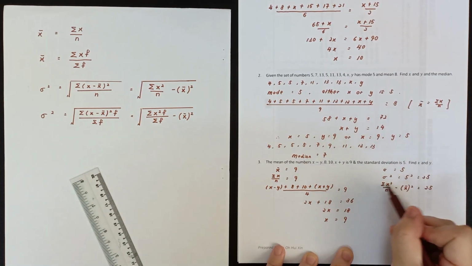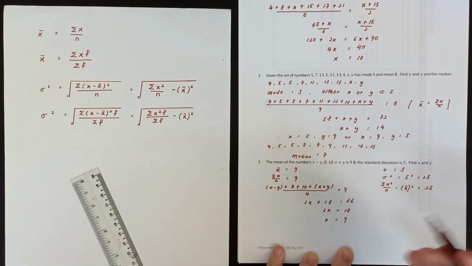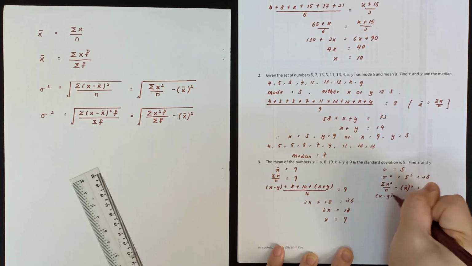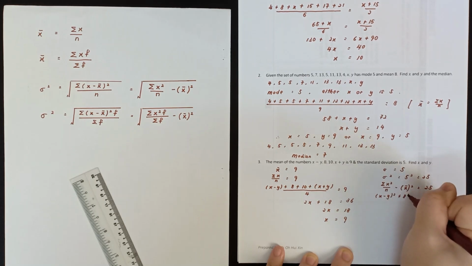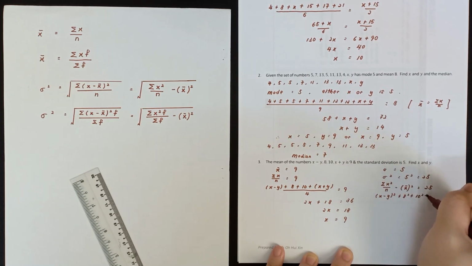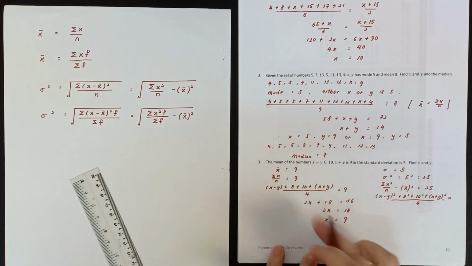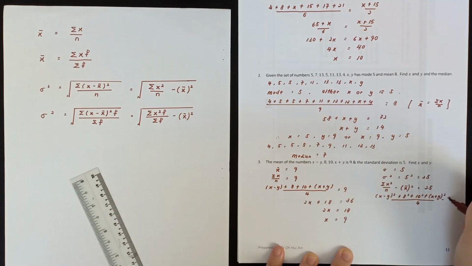Do we have this? Yes, then we just square everything together, then add them up. So x minus y squared plus 8 squared plus 10 squared plus x plus y squared, divided by the 4 numbers that you have, then minus the mean. What's the mean just now? The mean is 9, so 9 squared, equals to 25.